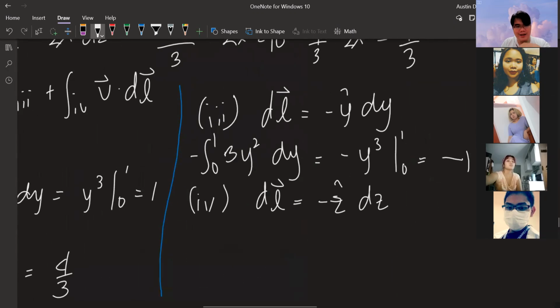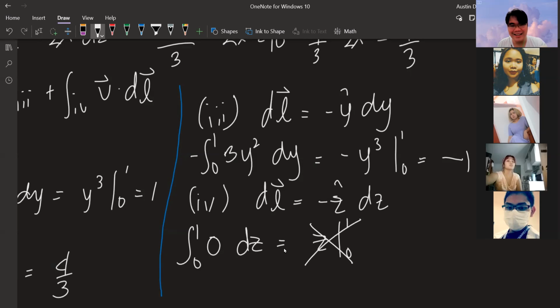So, integral ng 0 dz evaluate from 0 to 1 is just 0, di ba? Naniniwala ba kayong 0 to? Alalahanin niyo yung math niyo. Hindi to z evaluated from 0 to 1.